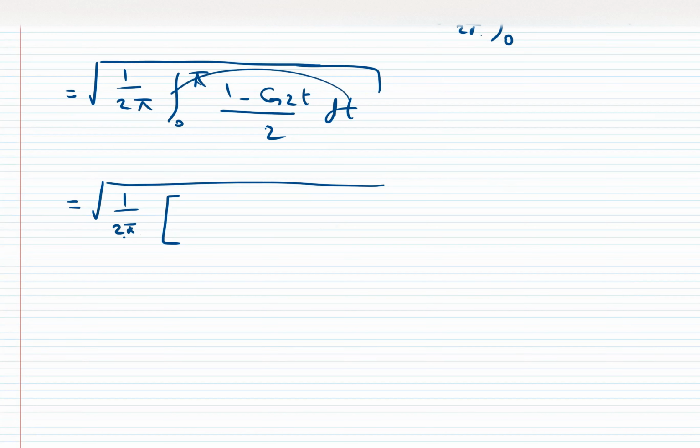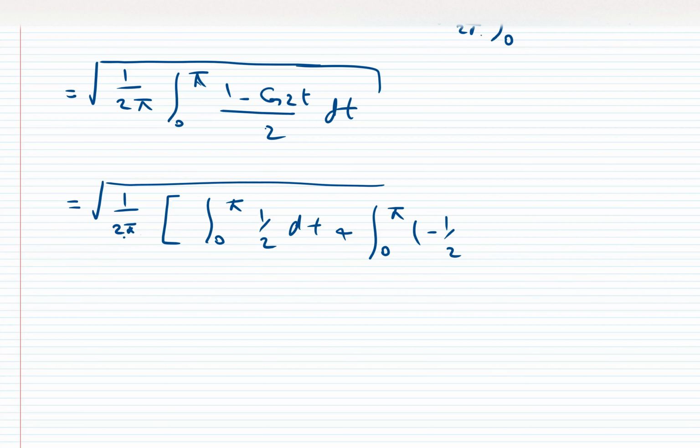We split this integral into two integrals: the integral from 0 to pi of 1/2 dt, plus the integral from 0 to pi of negative 1/2 cosine of 2t dt.